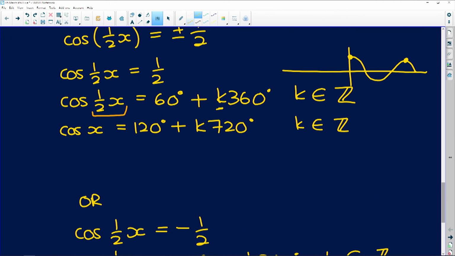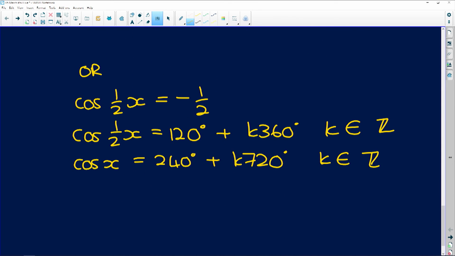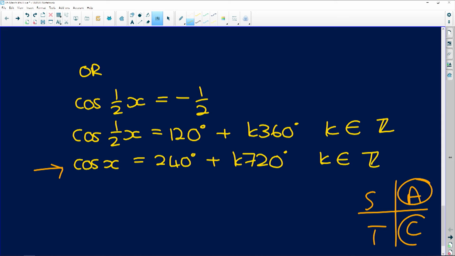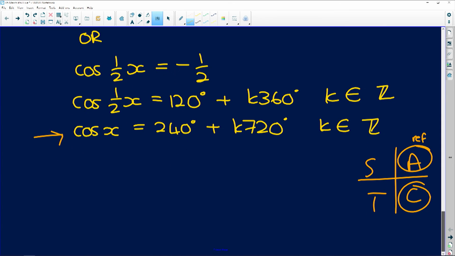But now, guys, remember, that is only one solution in these areas. Like I said to you, if we look at our CAST diagram, C, A, S, and T, cos is positive in the first quadrant and the fourth quadrant. The first quadrant is your reference angle. The fourth quadrant is 360 minus the ref angle.